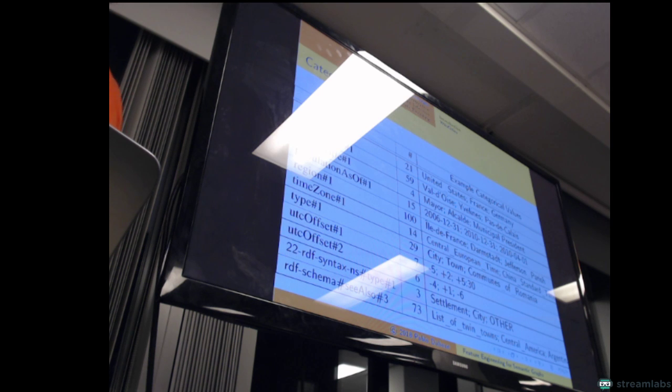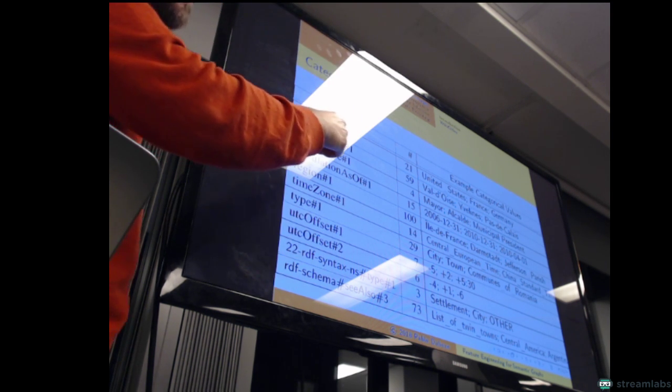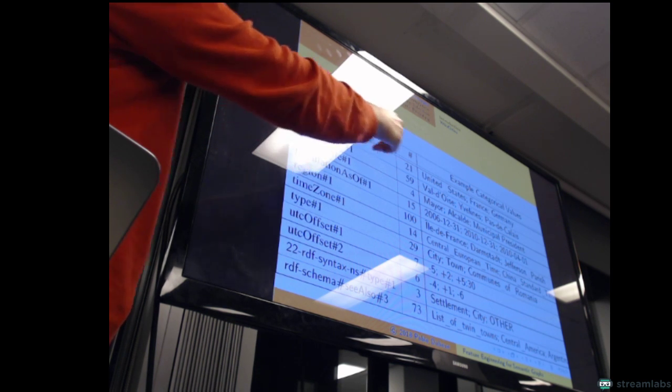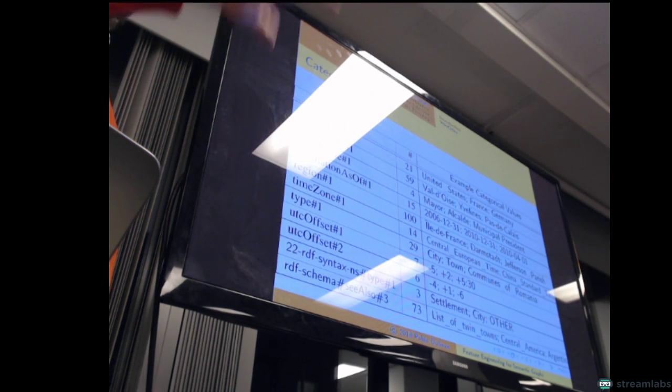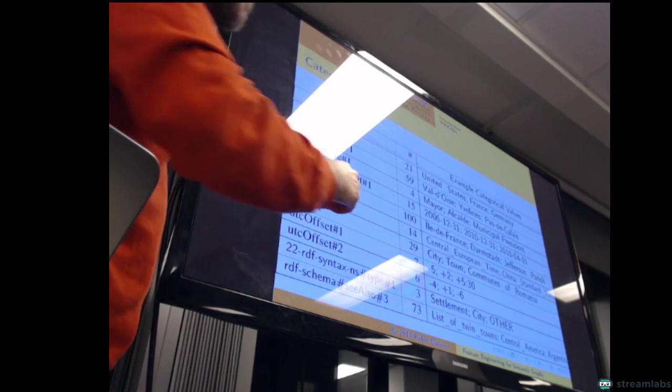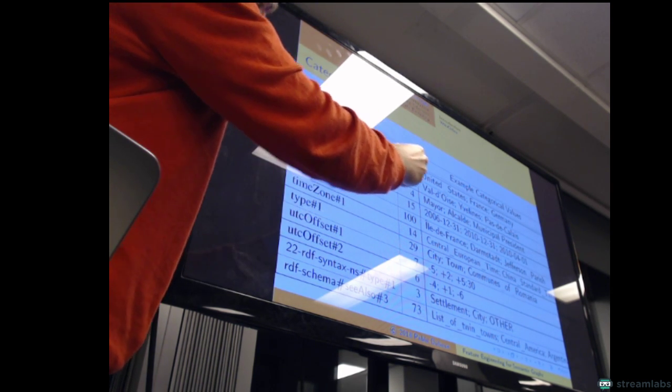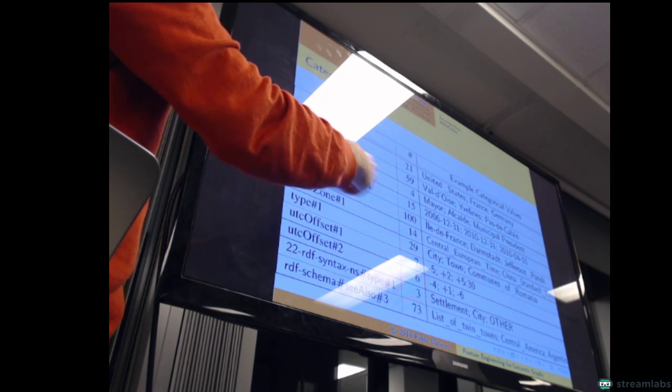Then there is a cell that does all this relation count analysis, and you find that 21 countries cover 80% of the cities, 59 departments, and so forth and so on.